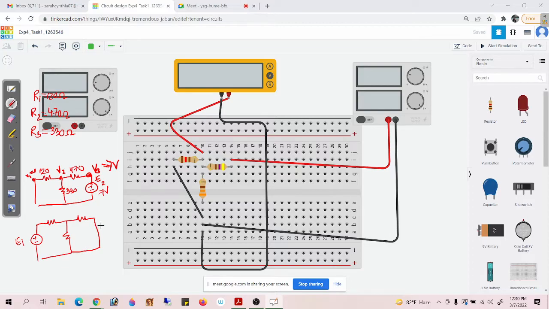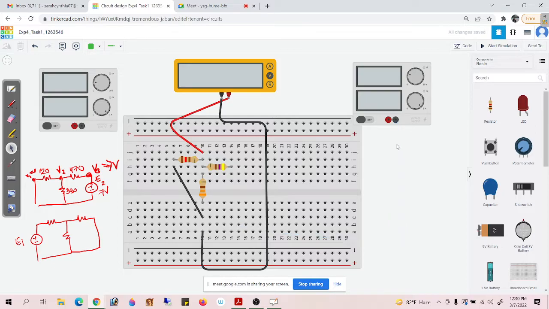We have deactivated E2, that is we have made E2 equal to 0, and we have kept everything the same as before. So I can remove E2 from the circuit. I can delete E2, the wirings of E2, and now I have to place E1 back again in the circuit.